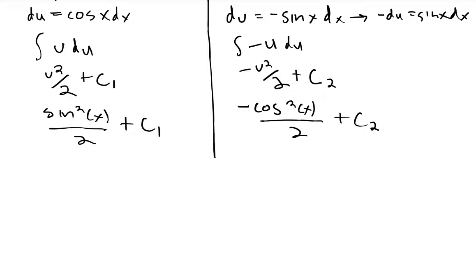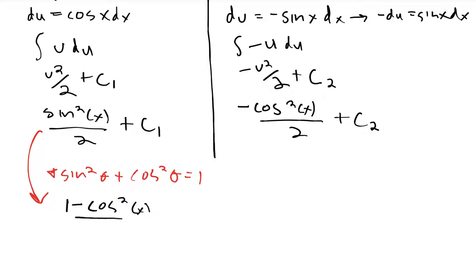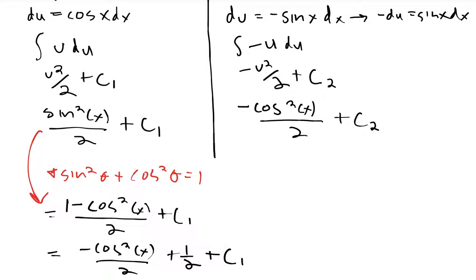Namely, this identity that we've been using, that sine squared plus cosine squared equals 1. Well, if I throw that identity at this particular problem, I'm really getting 1 minus cosine squared up top here. And another way that I could interpret this is minus cosine squared of x over 2 plus a half plus c1.